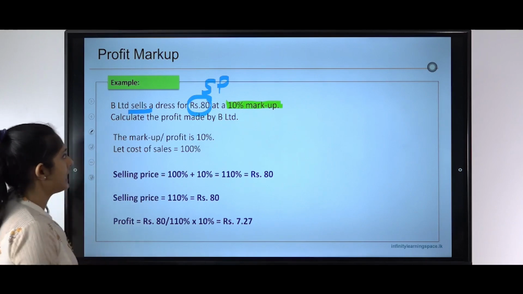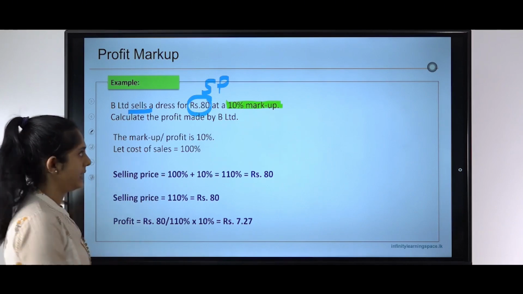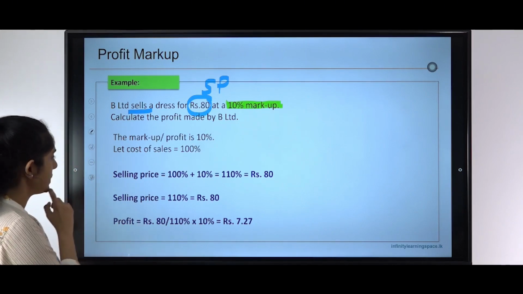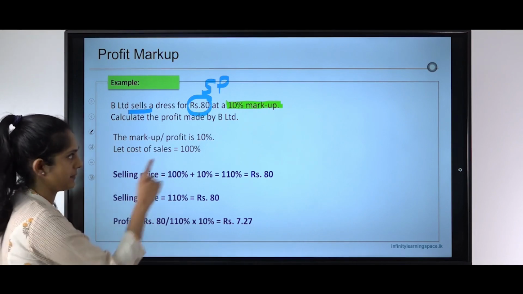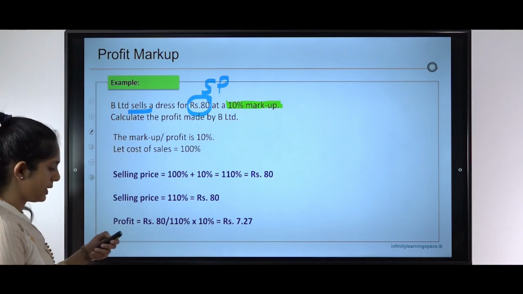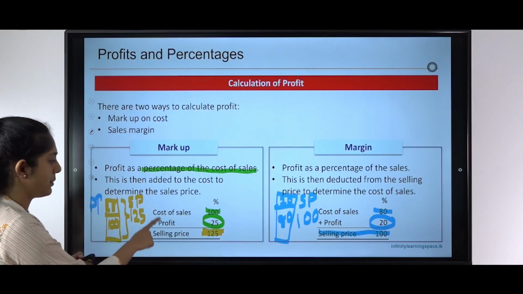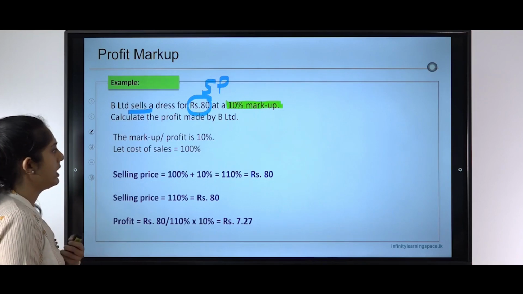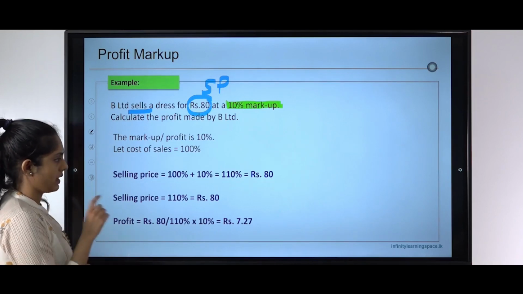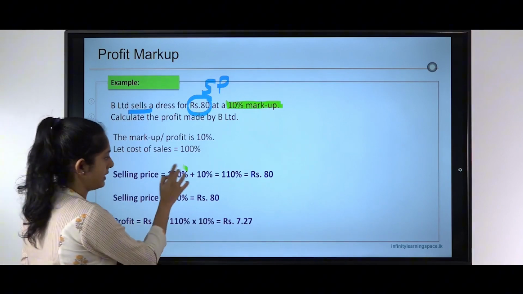Calculate the profit made by B Limited. The markup profit is 10%. Remember, this is how you do a markup: you have a cost, and to that you add the profit. So now let's assume our cost is 100.